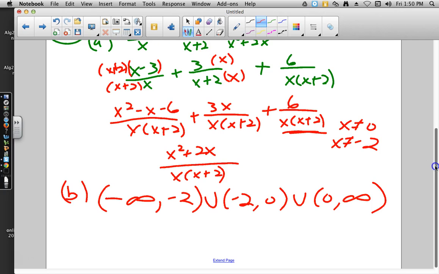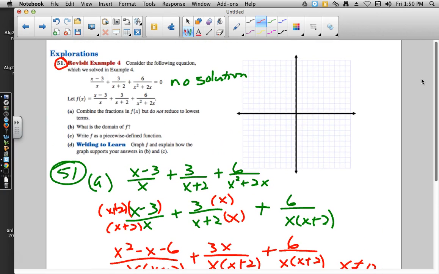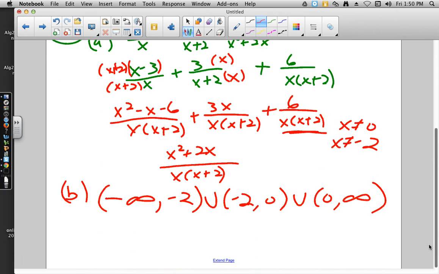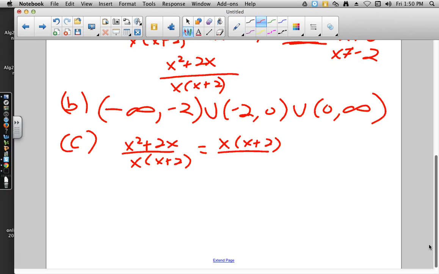And then C says, if you want to graph this, define it as a piecewise function. So we think, well, if we define this as a piecewise function, that would mean we want to take a look at this in its most basic form, and that's going to be 1 equals f of x.